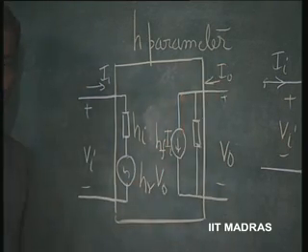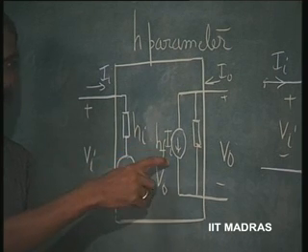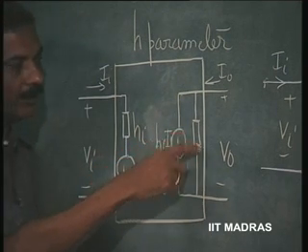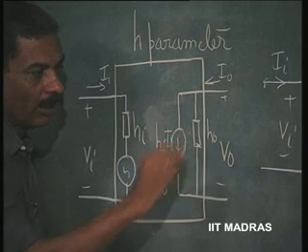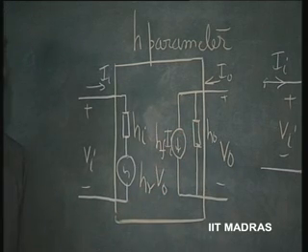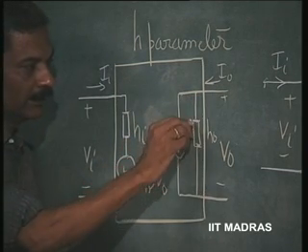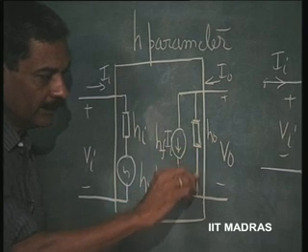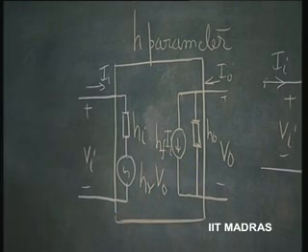So, I0 is equal to HF into II plus H naught into V naught. So, this is the admittance H naught. This is the equivalent circuit for H parameter.